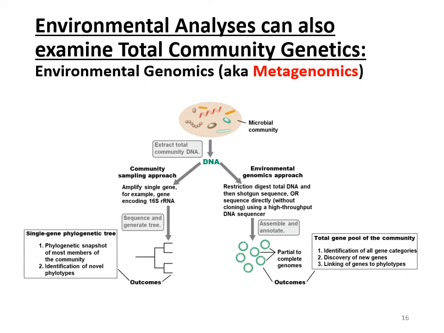Now this slide is to show you that also what exists is environmental genomics, or metagenomics, for total community genetic analyses, meaning you can have single gene analysis like the previous slide, or you can have total gene pool analysis. So now you're looking at all the genes in that pond, for instance, not just one, gene A differing from microbe A, B, C, D.